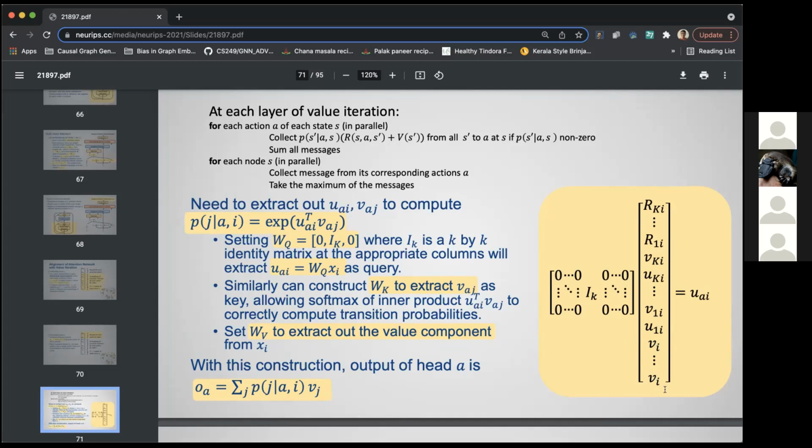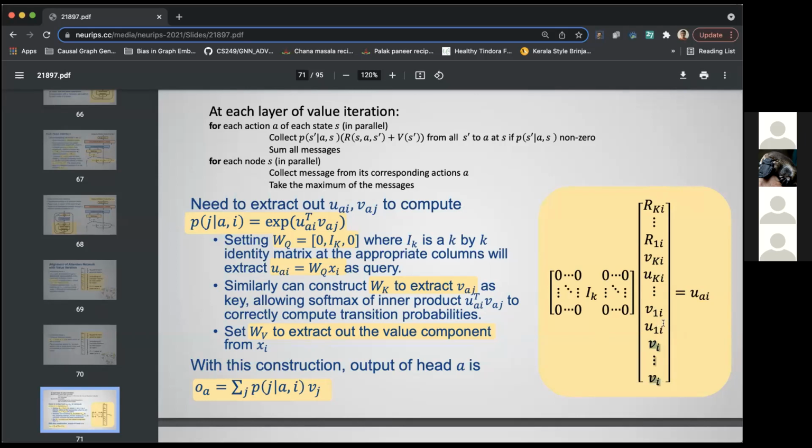Where are we selecting these values out? Oh, okay, so we're selecting the appropriate V_k^i to U_1^i here. For W_K, we're selecting out the V's, and we're going to set the weight value to extract out the value components from the bottom part of this vector.